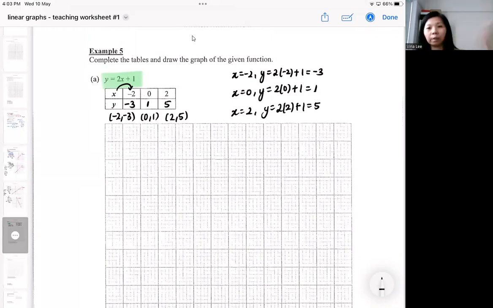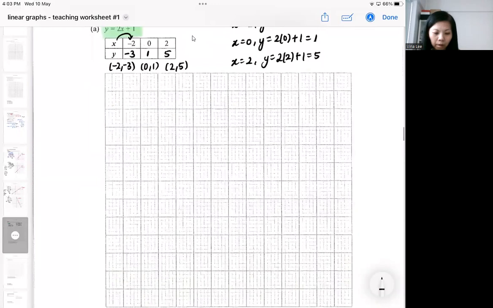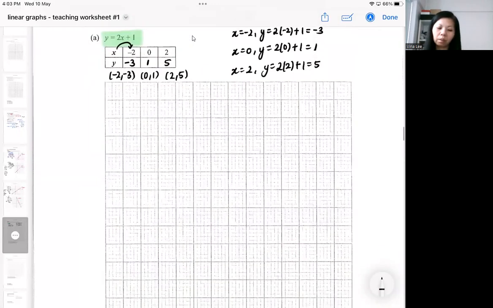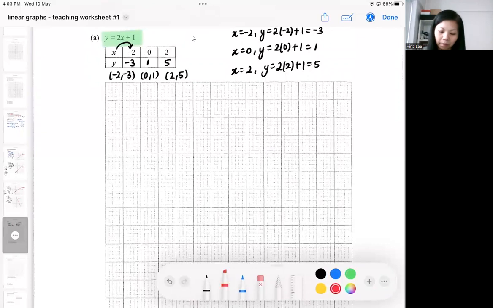So you actually got 3 points. Those 3 points can join up to be a straight line already. But then you might be thinking, how am I supposed to draw? There's no x-axis or y-axis. So again, as in one of the previous examples, if you are doing the x-axis and y-axis yourself, you've got to plan for the table. What do I mean by plan for the table?